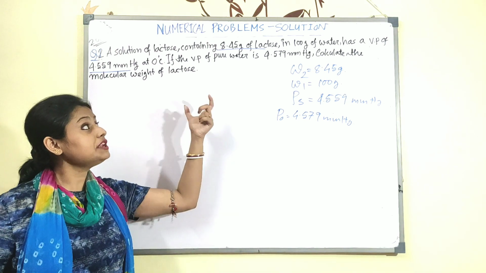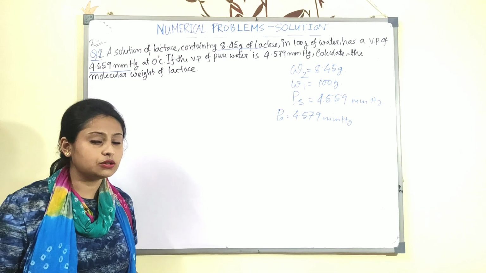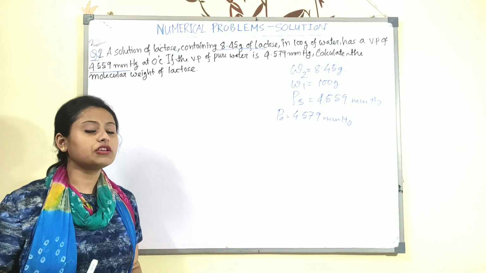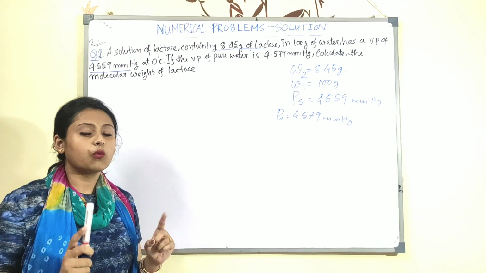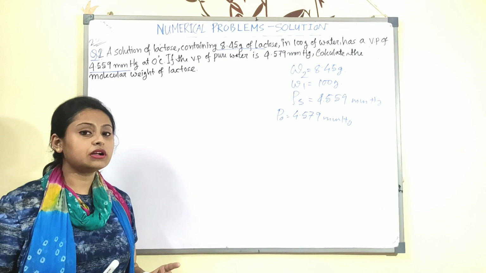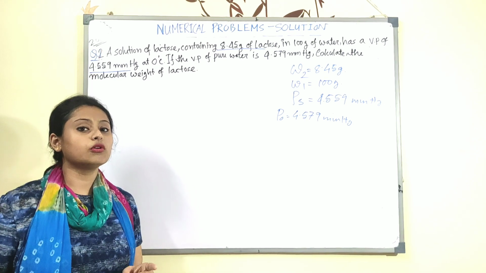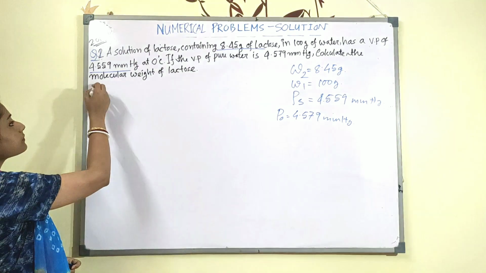Here we have 8.45 gram of solute, so this cannot be a dilute solution. So the problem comes with a little modification, where we cannot neglect the number of moles of solute with respect to the number of moles of solvent. So what will it be?